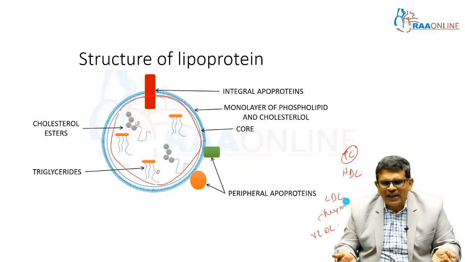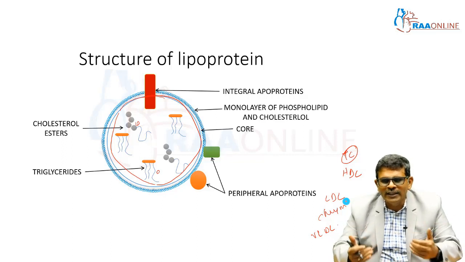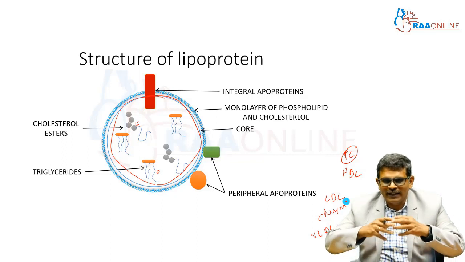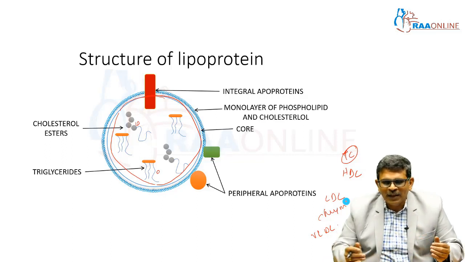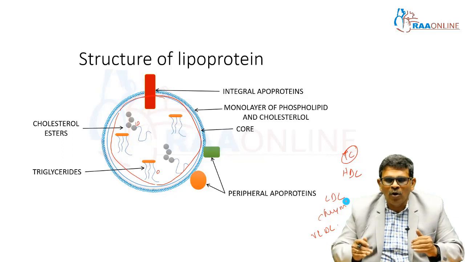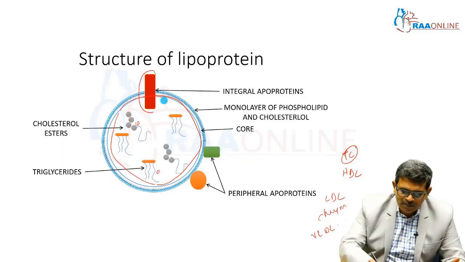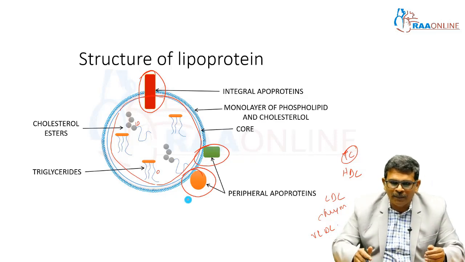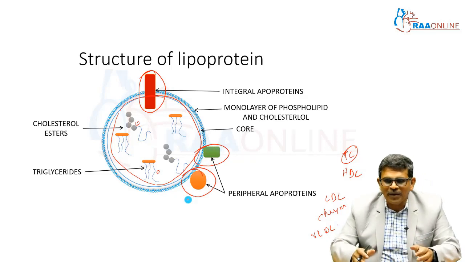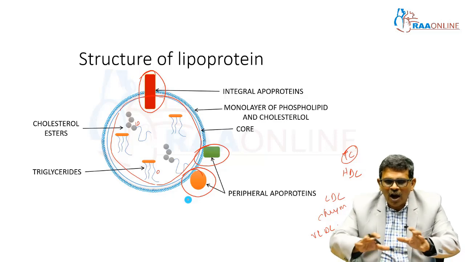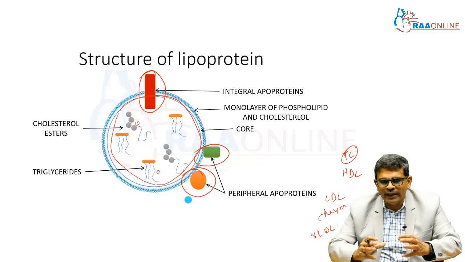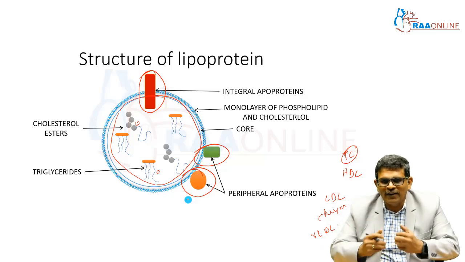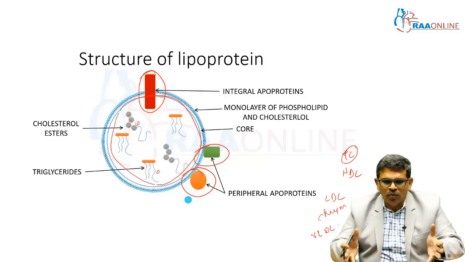The function given to these various lipoproteins, whether HDL, VLDL, chylomicron or anything, is given by apolipoproteins. These are specific proteins, apart from the outermost phospholipid layer, which stick on the outer surface of the phospholipid layer, and they give the specific function for that lipoprotein to do.